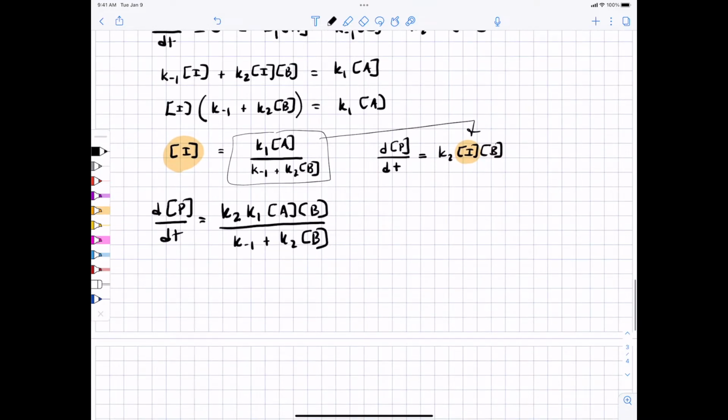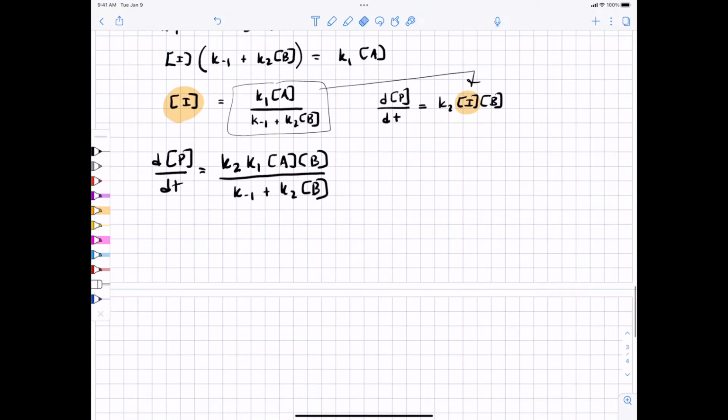Now let's describe what this equation tells you about the reaction.